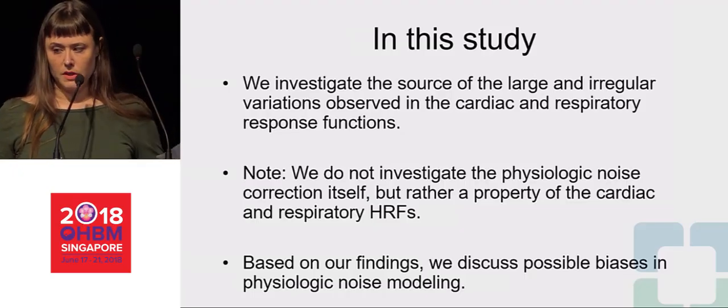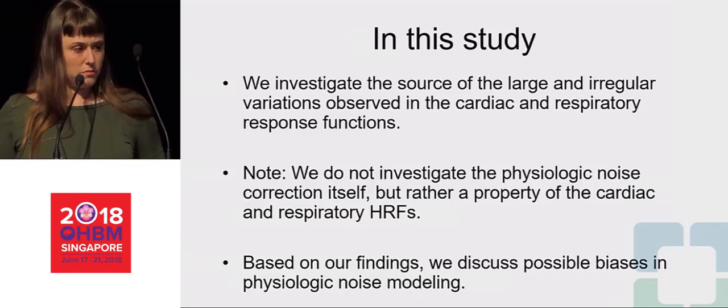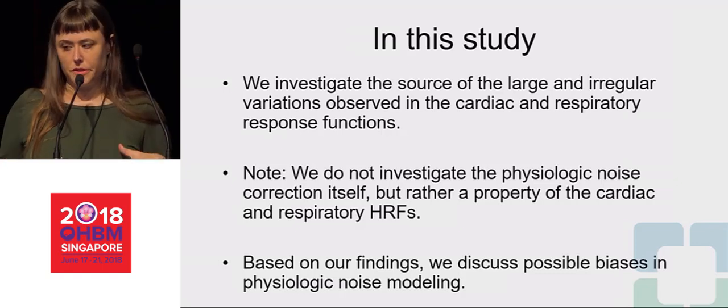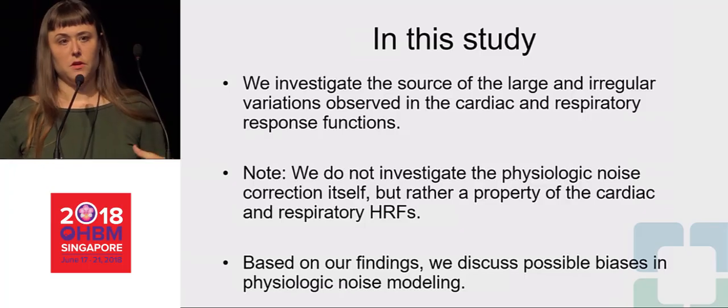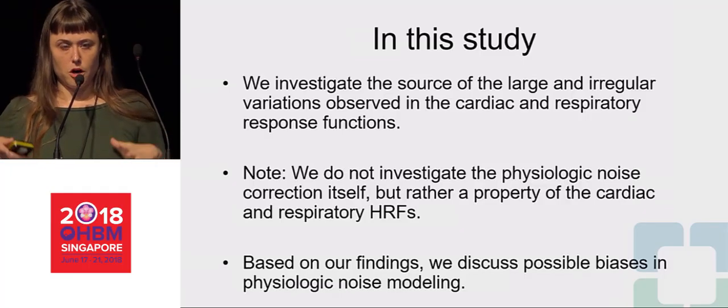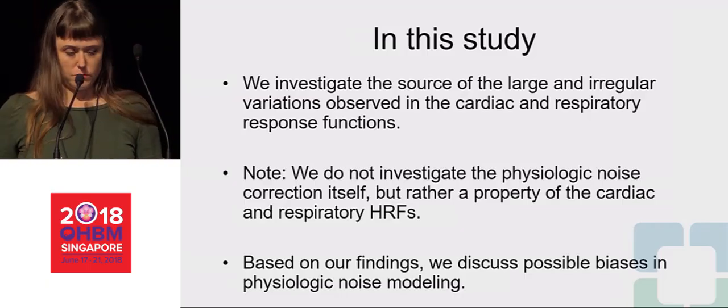So in this study, we wanted to investigate the source of that pattern and why there's such a large standard deviation. This isn't actually investigating the physiologic noise correction itself. It's investigating a property of the modeled cardiac and respiratory hemodynamic response functions. So keep that in mind.